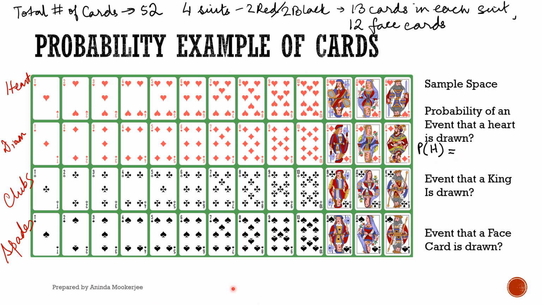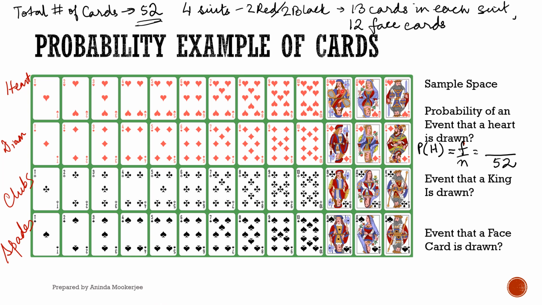There are 52 cards in the pack. So by the f over n rule, we have to figure out what n is. You could draw any card from this pack, so the total number of outcomes is 52. And from that 52, in how many ways can you draw a heart?